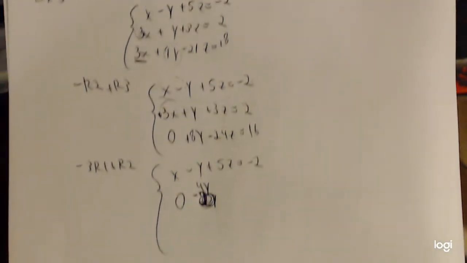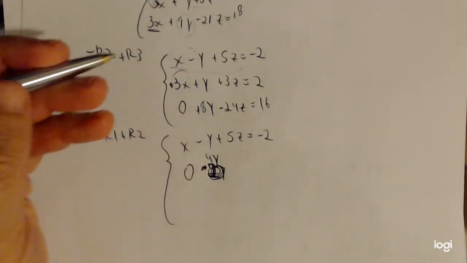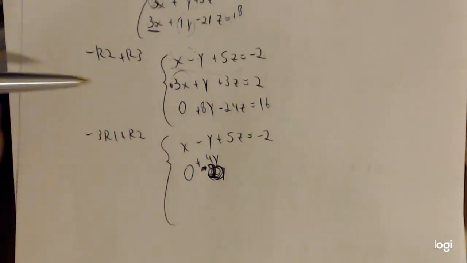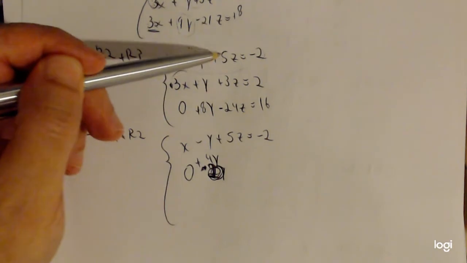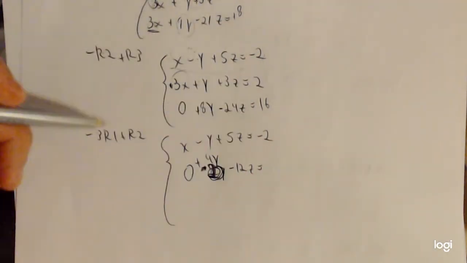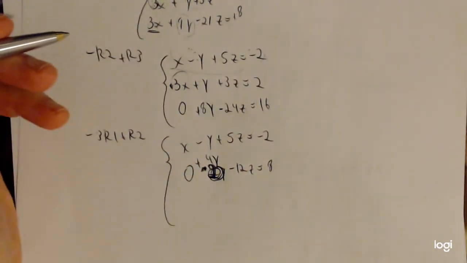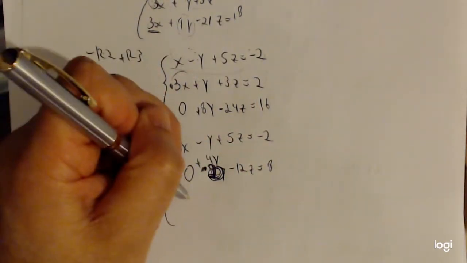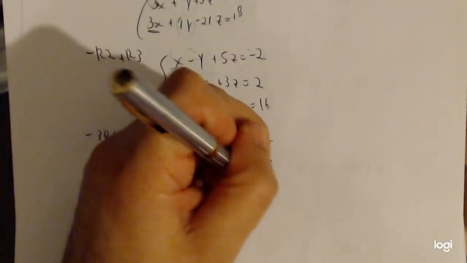Let's make sure we don't make a mistake, because one small mistake will throw the whole thing off, right? So that becomes a positive 4y. And then negative 3 times 5z is negative 15z plus 3z is negative 12z. And then negative 3 times negative 2 is 6, plus 2 is 8. And then we have 0 plus 8y minus 24z equals 16.